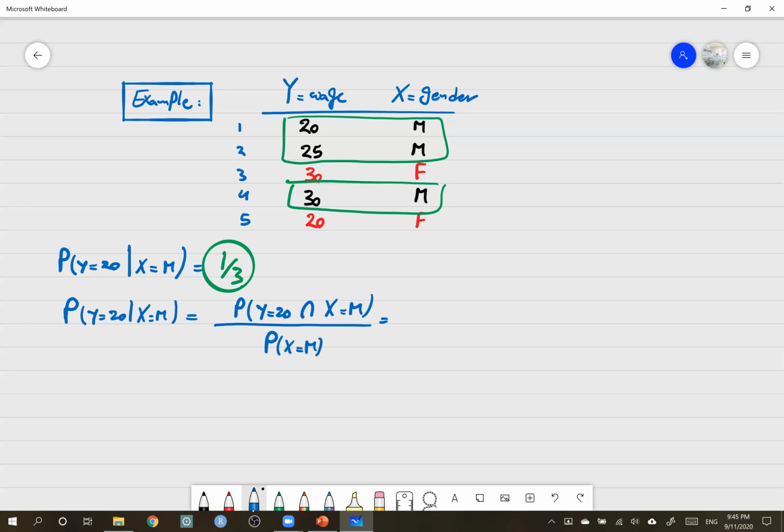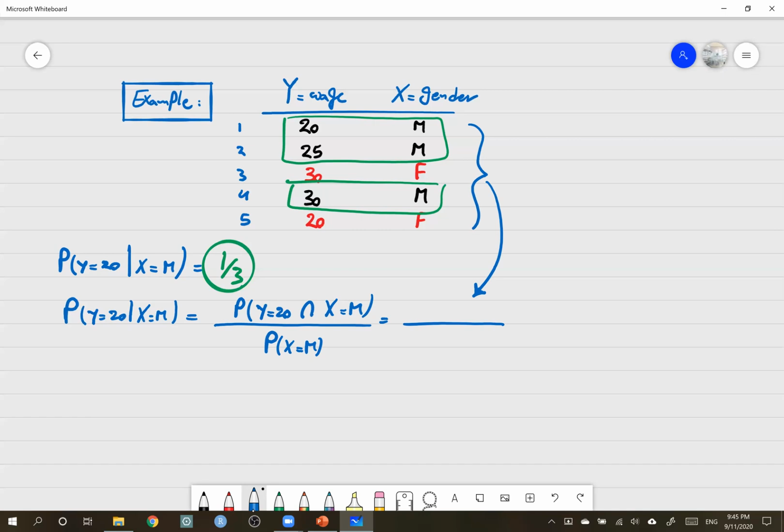I bet you can answer these questions as well. So what is the numerator? The probability of y equal to 20 and x equal to male. Remember, we're looking at all the observations now. I have 5 observations, 5 outcomes, right? And then what is the probability that wage is exactly equal to 20 and x is male?